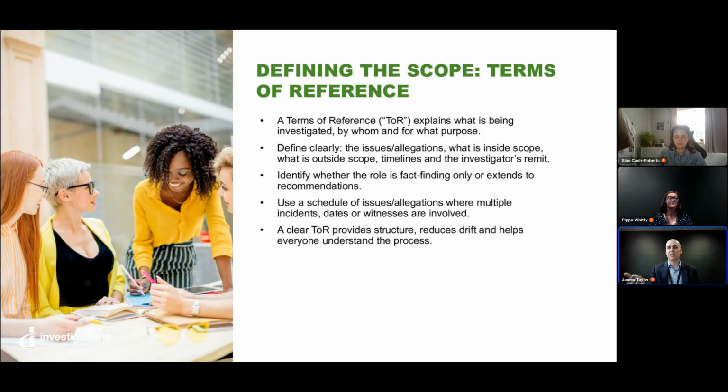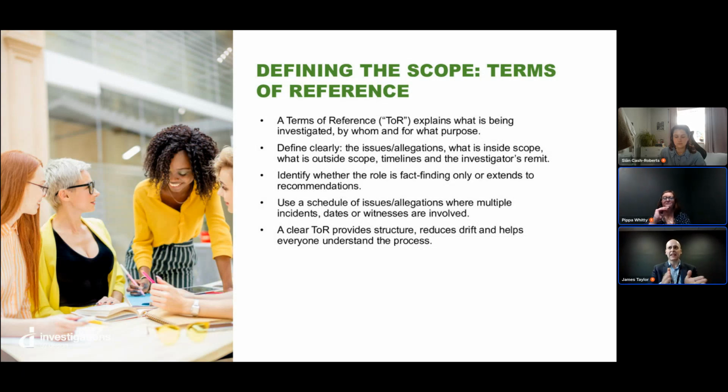You'd also cover whether the meetings are going to be recorded, what's going to happen to the recordings, whether witnesses are going to be sent a copy shortly after the meeting to sign, to agree the notes, the time frame, and how the investigation is going to be presented to the commissioning manager. So all of these elements would be appropriate and indeed helpful to consider including in the terms of reference.